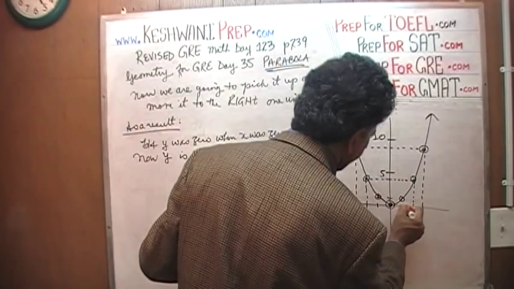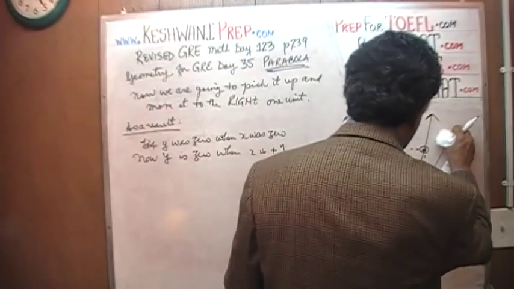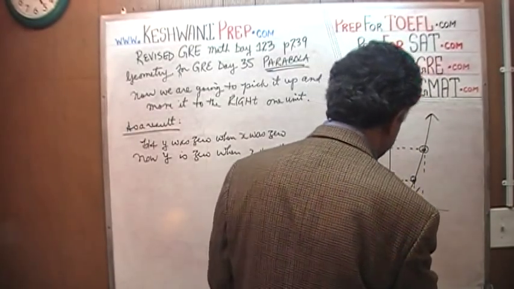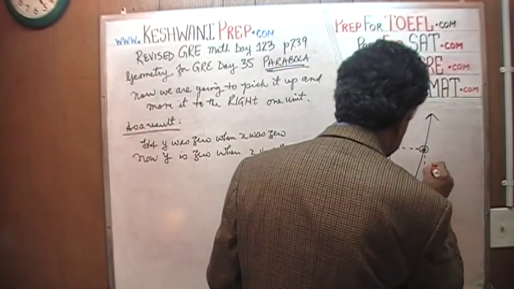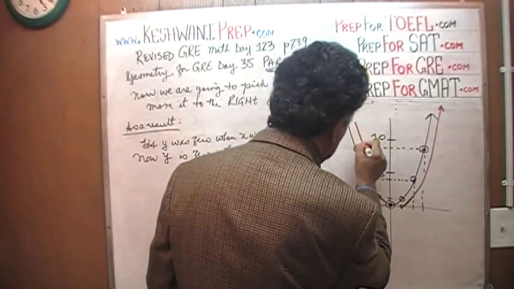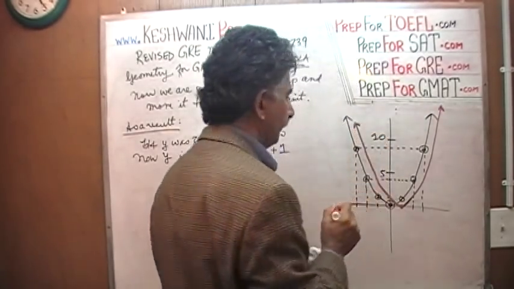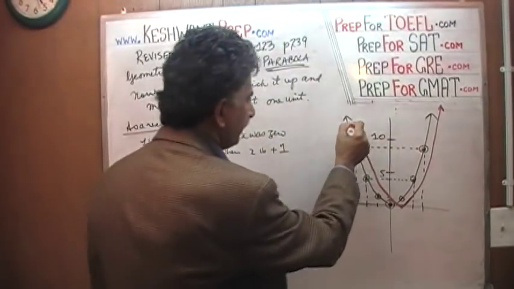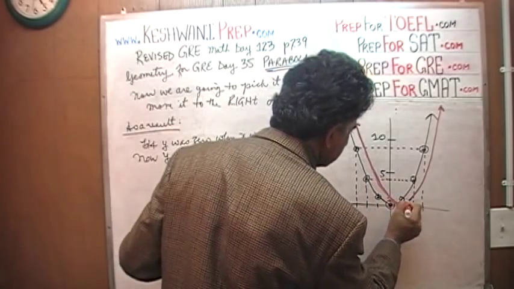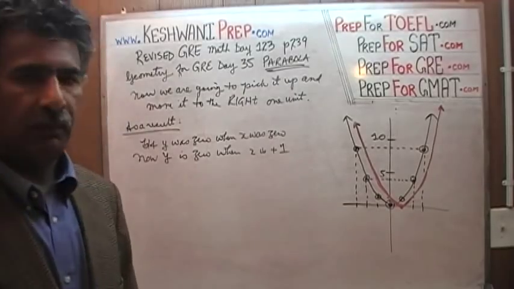The rest is going to be the same. Oh geez, I didn't do a very good job. It has to be parallel with the other graph. Voila. We have shifted it. We have picked it up and we shifted it 1 unit.